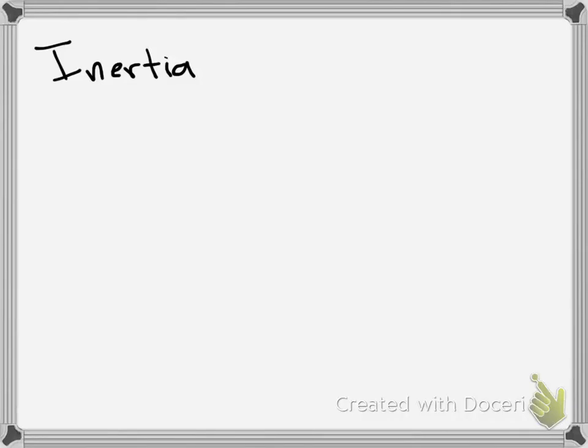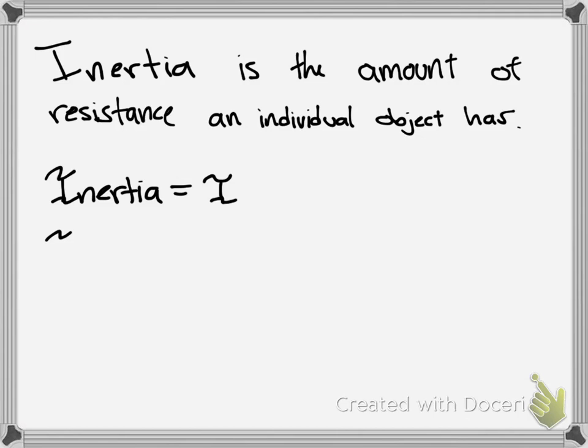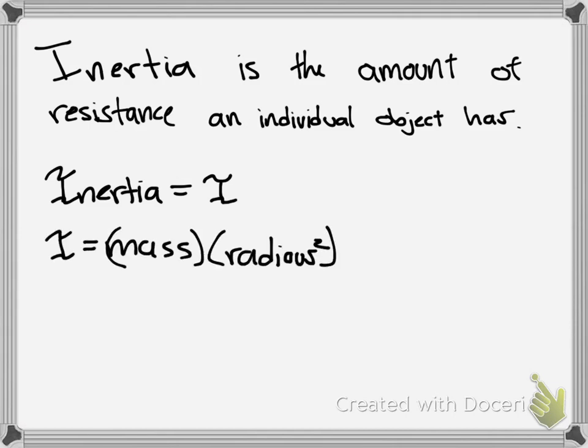Okay, so I'm going to teach you a new concept called inertia. Inertia is the amount of resistance that an individual object has. The symbol for inertia is just a large I. More importantly, the equation for inertia is mass times radius squared, where the radius is the only thing squared, simplified as mr squared.